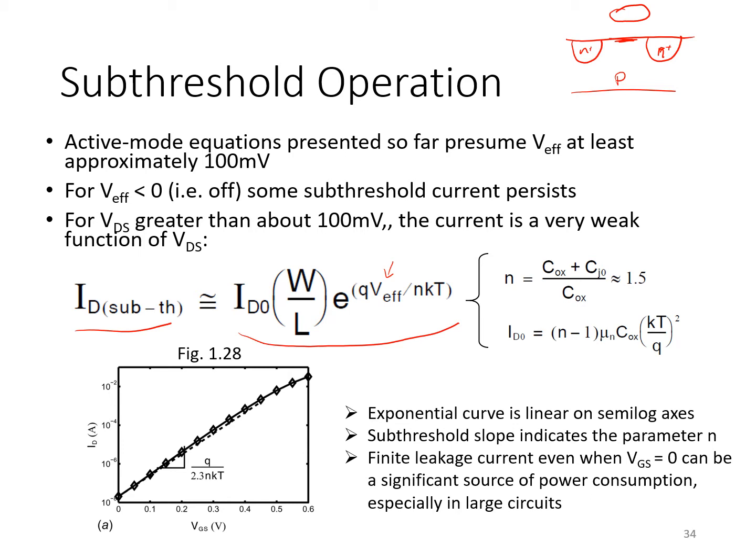So if you think of the structure up here, you'll realize that there's a gate oxide capacitance between the gate and the surface of the transistor, and then there's a second capacitance here between that surface region and the body terminal of the transistor, which is effectively a reverse biased junction capacitance.